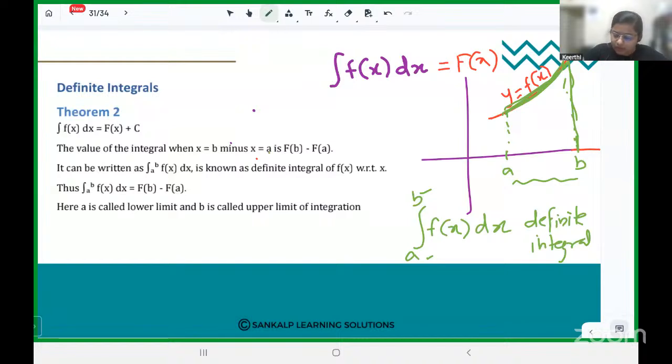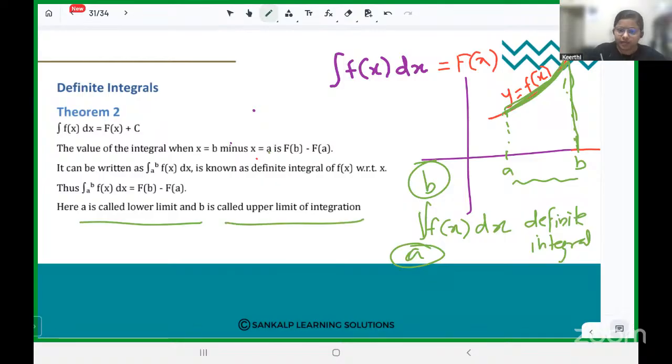Here b is the upper limit and a is known as the lower limit. A is called the lower limit and b is called the upper limit of the integration.